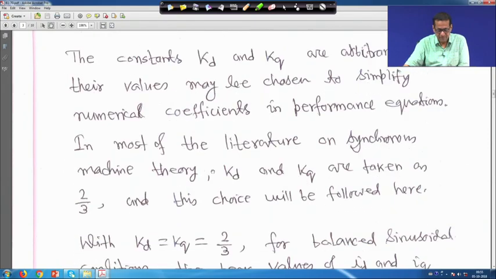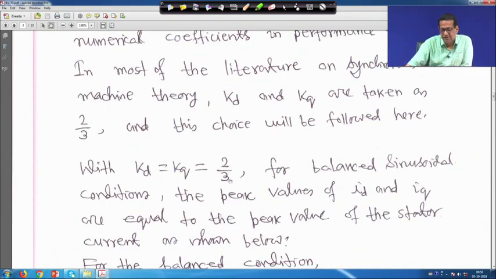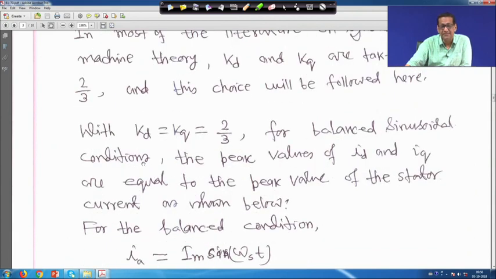With kd equal to kq equal to 2 by 3, for balanced sinusoidal conditions, the peak values of id and iq are equal to the peak value of the stator current, as shown below.